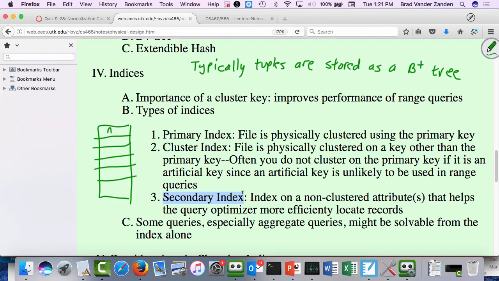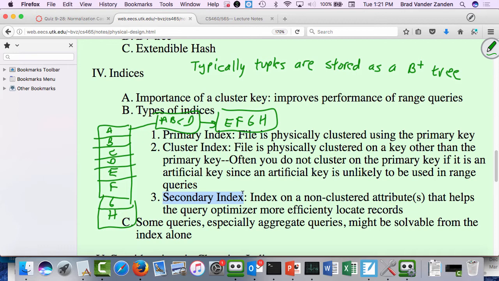If this is A and B and C and D logically in the tuple, then on the file, A, B, C, and D are together. And E, F, let's say G and H are on a separate track, so on the disk, E, F, G, and H are together. So cluster means that if they're logically next to each other in the attribute domain, they're also next to each other physically.